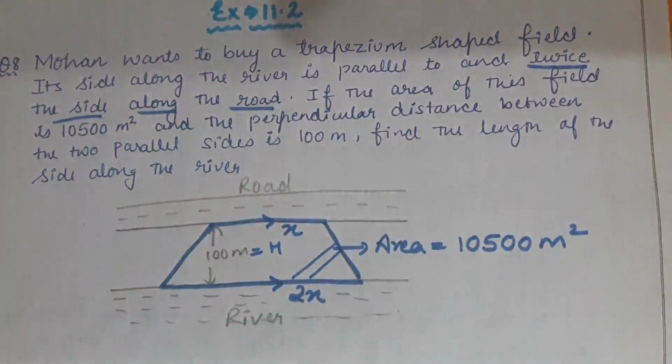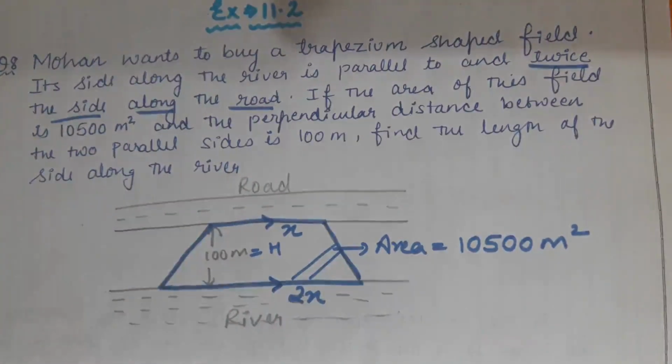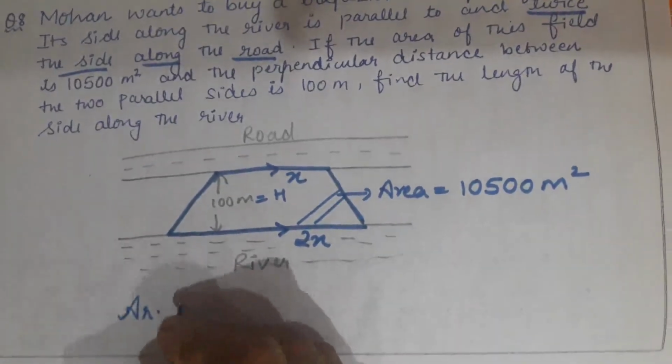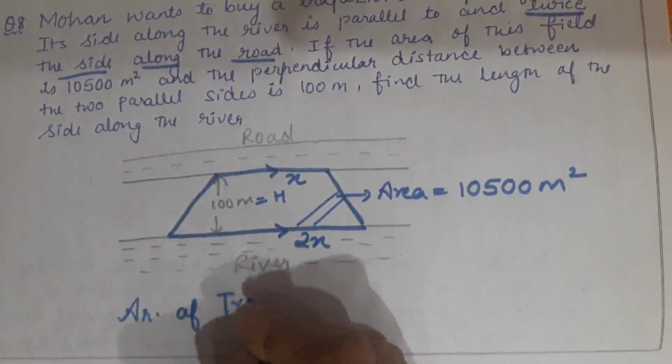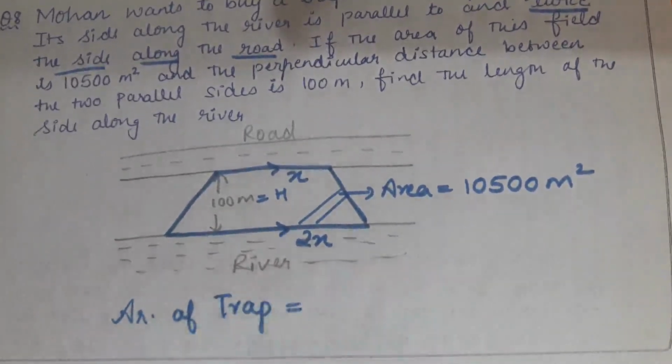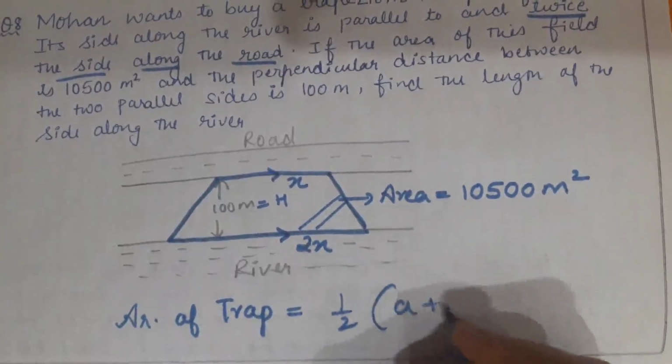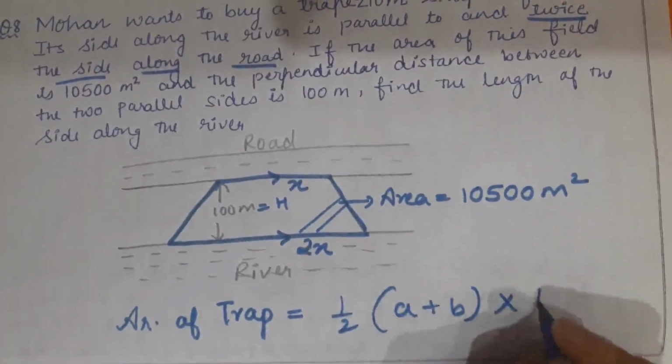Let's apply the area of trapezium. The formula of area of trapezium is half into a plus b into h.